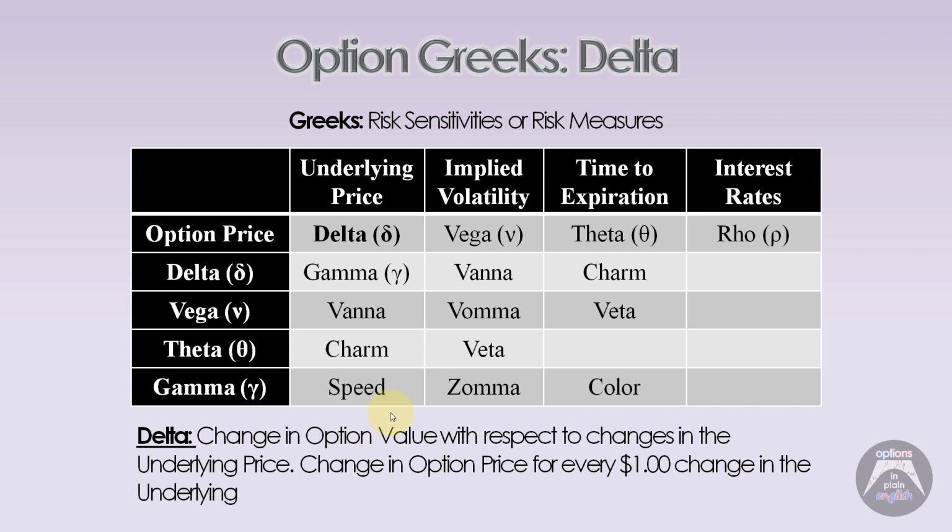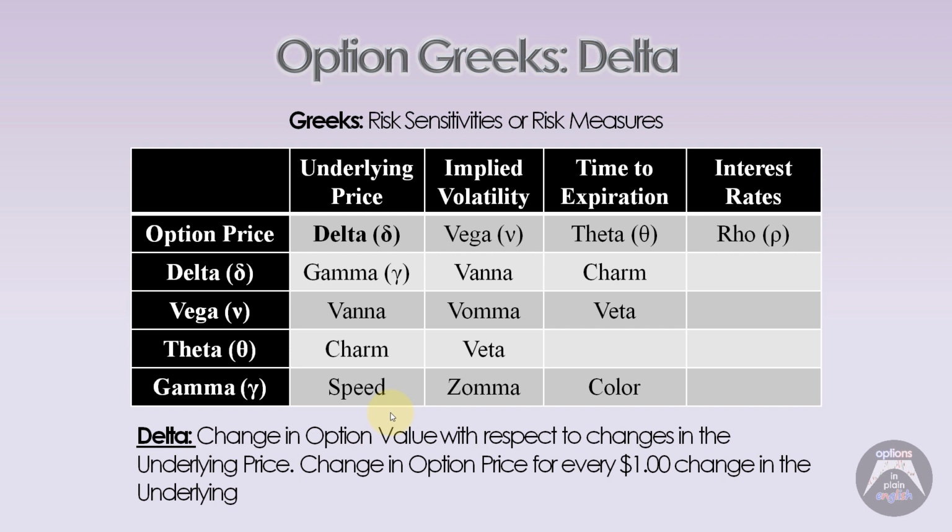So if I have a delta of 0.35, for example, for every dollar that the underlying price changes, for example an underlying price going from 10 to 11, I'm going to profit by 35 cents per share.